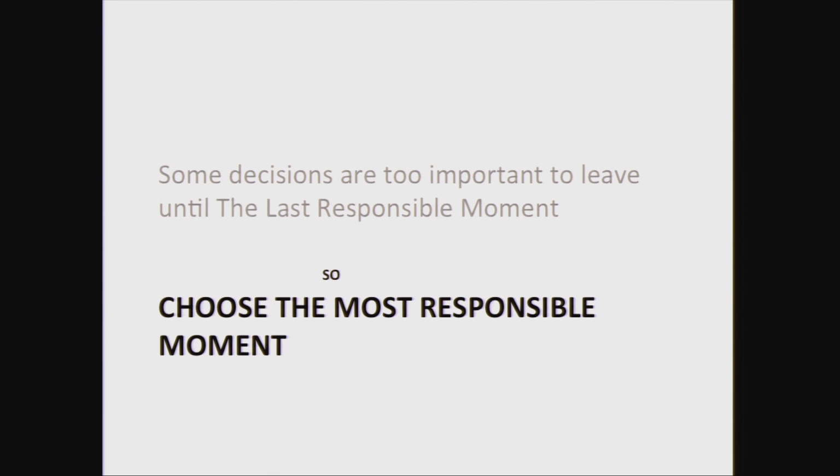I won't say lazy, but if I'm kind of sloppy about it, the last responsible moment is a minute too late. So for larger teams and projects, you need to consider choosing responsible moments that strike that balance. And there are some practices you can do.